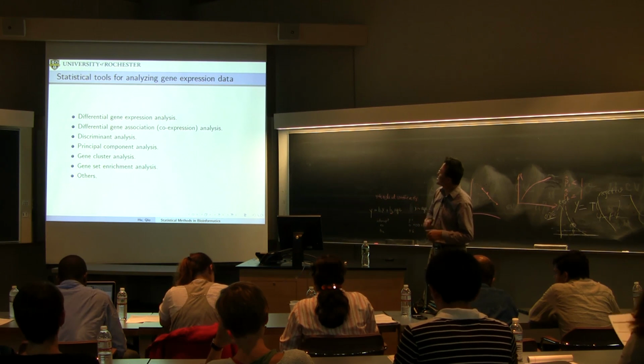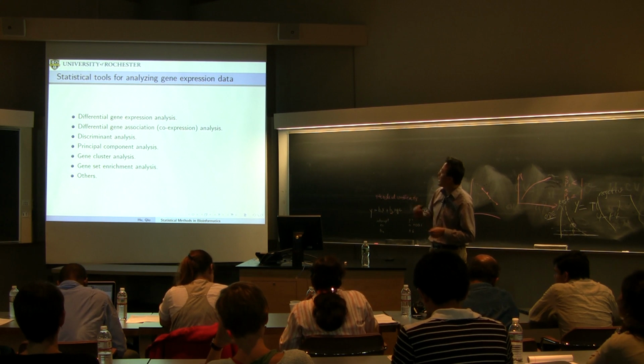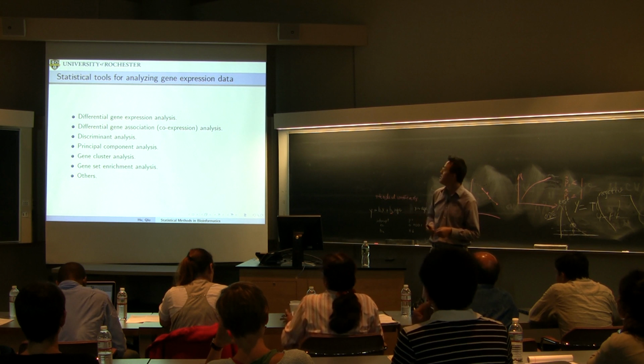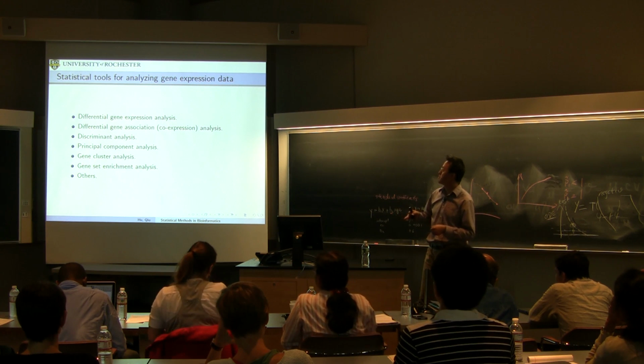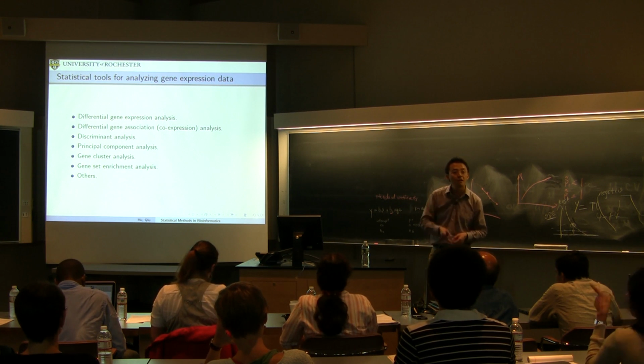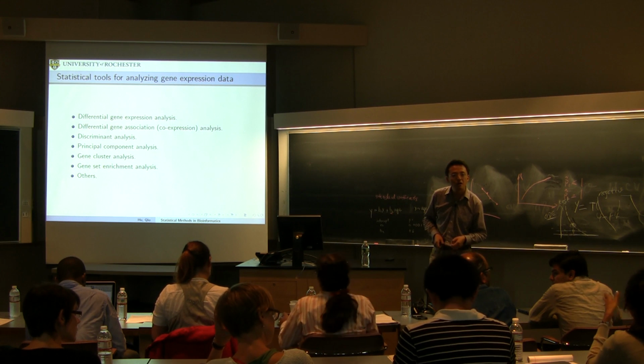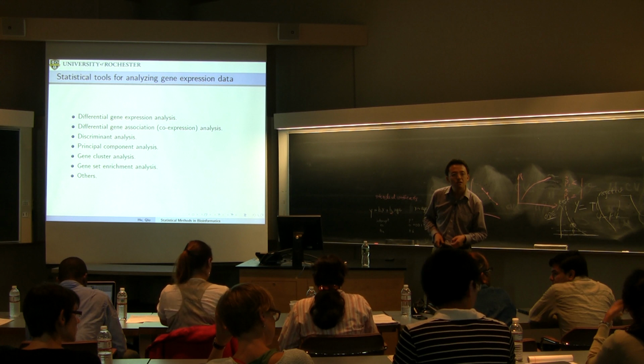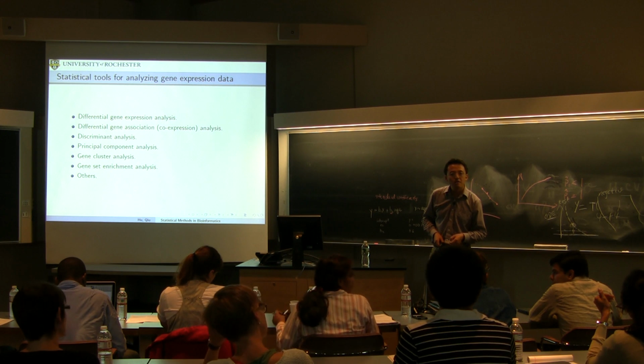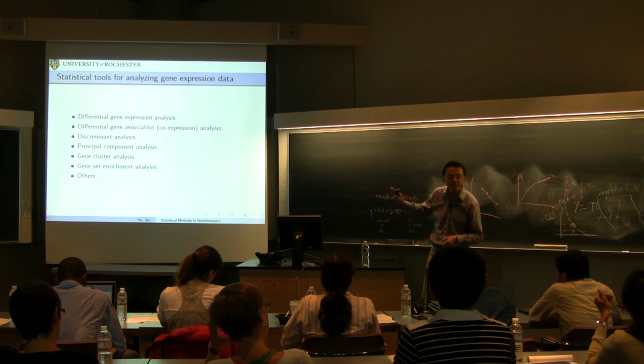Anyway, here are the analysis tools we have available to deal with the data. Just a question on the previous slide: you said there are about 8,000 genes. Yes, depending on the platform you're using, there are more genes than that. Did you remove some that had very low expression using quality? I'm not sure how they did it for this particular data set.